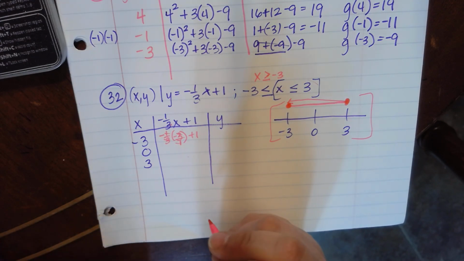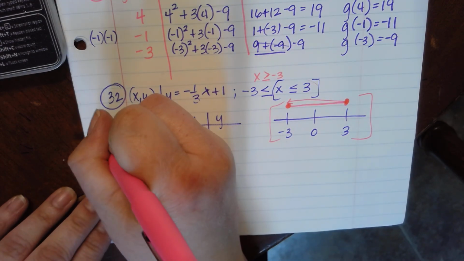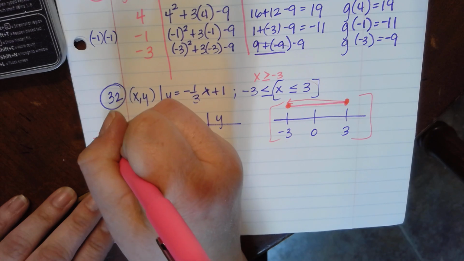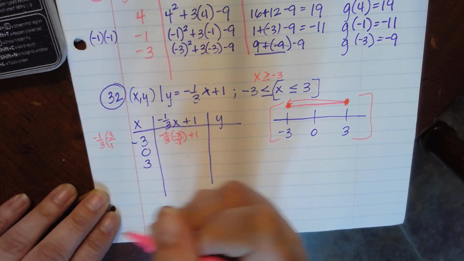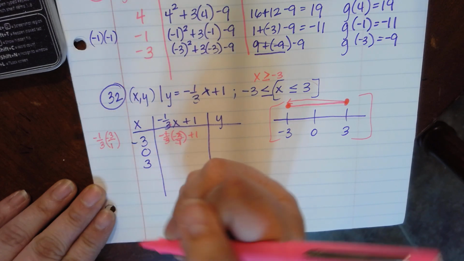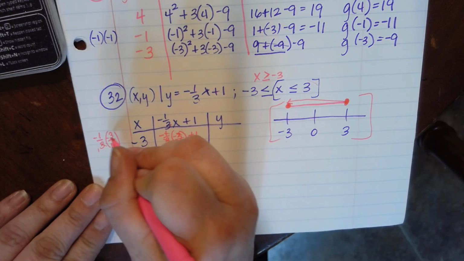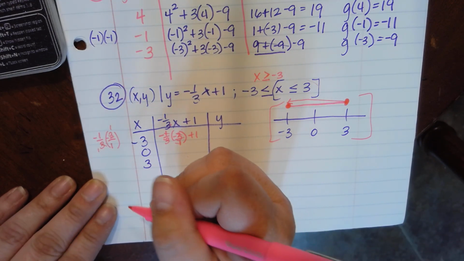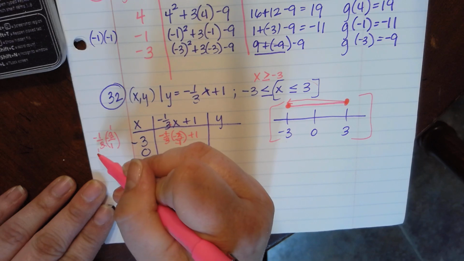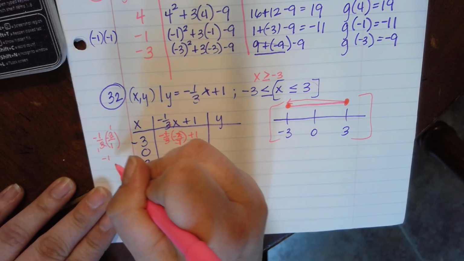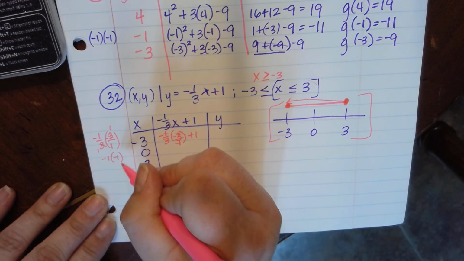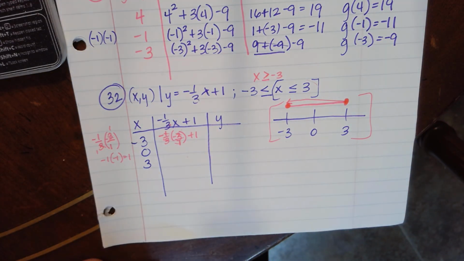So let me show you what I'm talking about here. If I have negative 1/3 and I'm times negative 3, right? So I've got a negative times a negative. These actually will cancel each other out. Negative 1 divided by 1. So I've got a negative 1 times a negative 1, and that equals a positive 1.